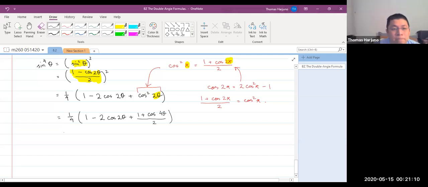Let me factor the half out. So this will be 3 minus 4 cosine 2 theta plus cosine 4 theta.